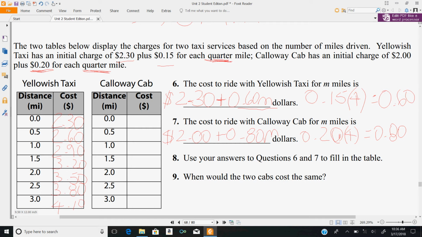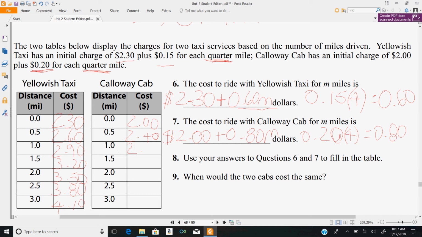Same thing with Callaway Cab. When m is 0, my 0.8 goes away. I just have 2.00. I add, in this case, 0.4, because I'm going up by a half a mile. 20 cents for each quarter mile. That means 40 cents for each half mile. 2.40.